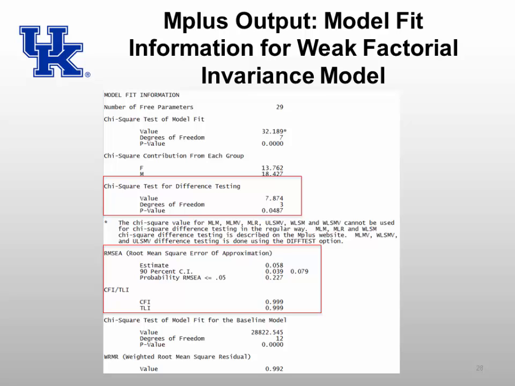So based on the practical fit indices, the model fit actually improved by having more constraints. The WRMR is still below 1.0, meaning this model has a good model-data fit. So we consider that this 4-item language tool holds weak factorial invariance.